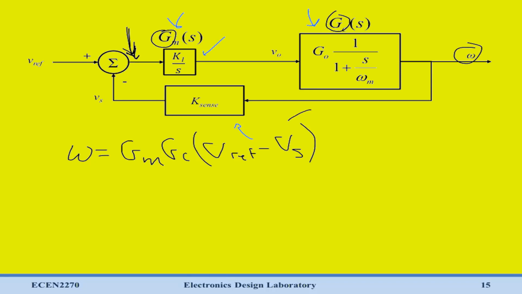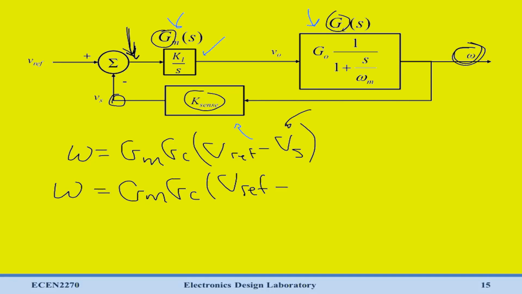Now we don't really want Vs in here because we don't care about Vs. So let's find Vs in terms of something we care about. And that's pretty easy to do. We'll see Vs, as we remember, is just K-sense times omega. So we can substitute that in. And now we have omega equals GM GC times Vref minus this K-sense times omega.